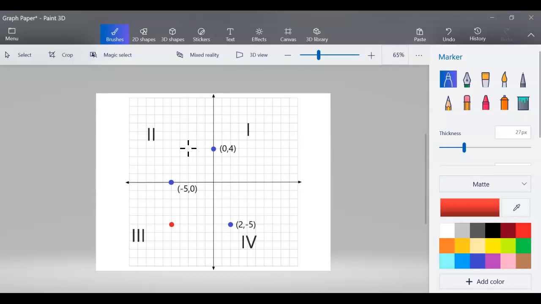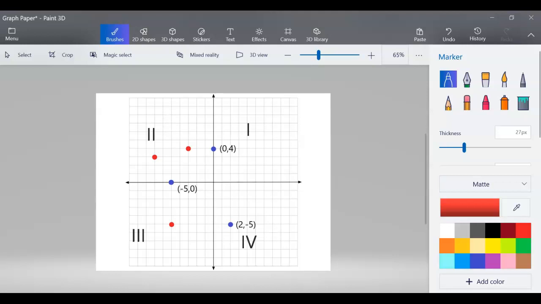This point is (-3, 4), and that would be in quadrant 2. Or another one would be something like (-7, 3). As long as it has a negative x value and a positive y value, you're in quadrant 2.